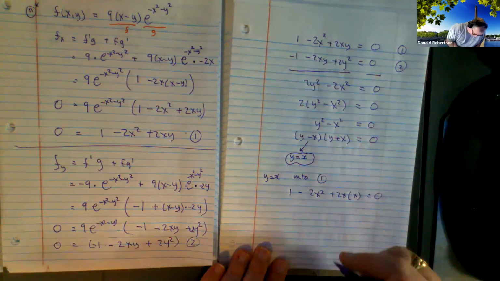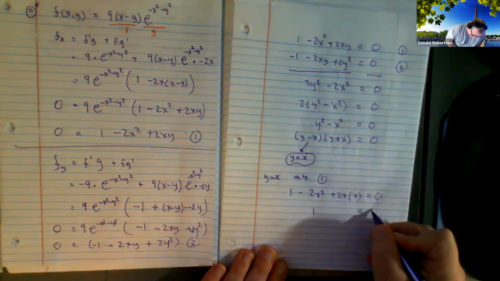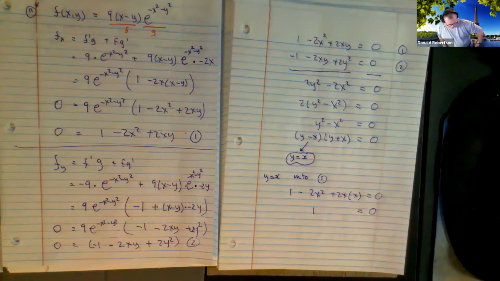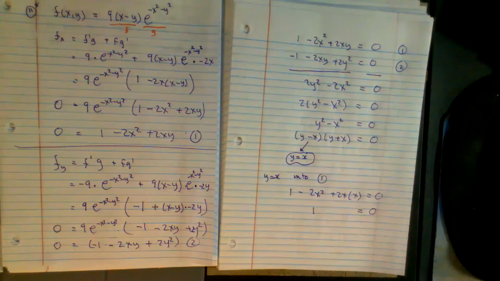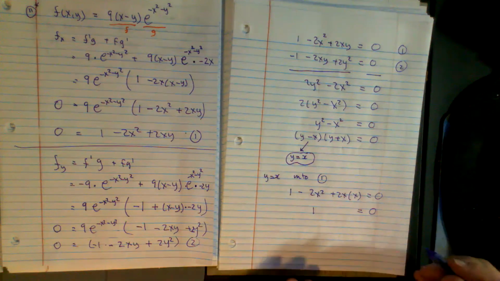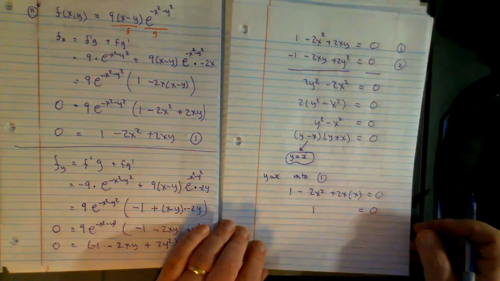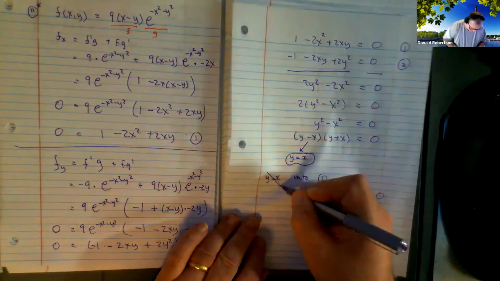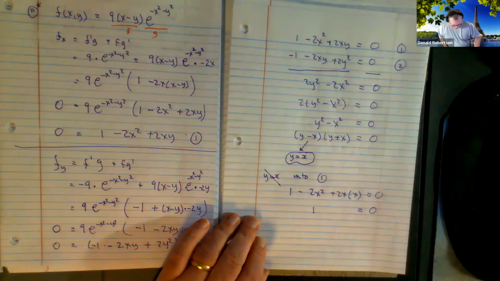And when I put this together, I get 1 equals 0. Conclusion: that is impossible, because 1 cannot equal 0. So that one doesn't generate any feasible solutions.